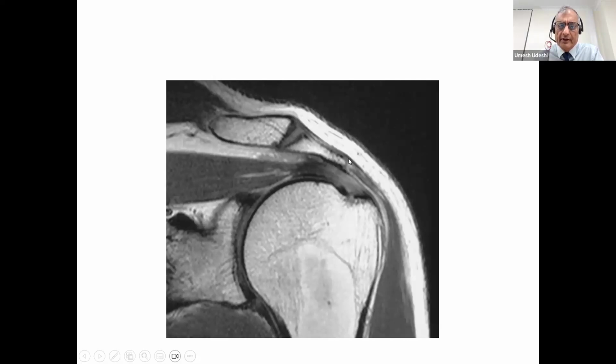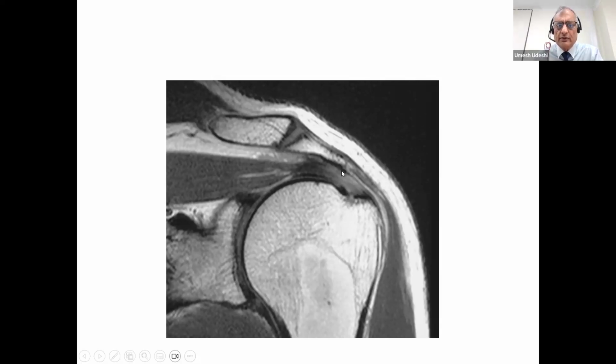Here we've got a low-lying acromion, which is causing impingement. So how do you assess impingement? Well, you look for this fat stripe above the supraspinatus muscle, and it should continue all the way along underneath the acromion, underneath the deltoid muscle, and round the humeral head. So this white fat stripe is sort of missing from here to about here.